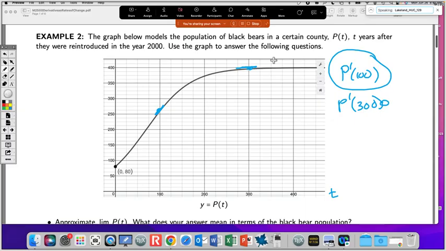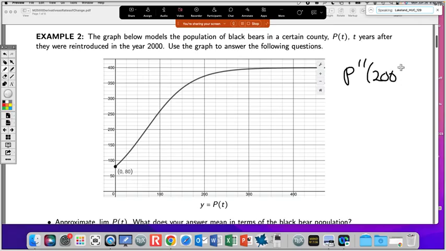Is P double prime at 200 positive or negative? What does that mean? So now we're looking at P double prime. And remember, the second derivative is the derivative of the what? First derivative. So it's the rate of change of the what? Rate of change. So what we need to do is think about what's going on with these slopes.